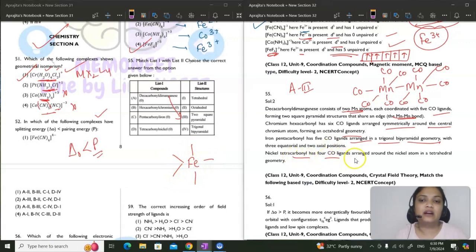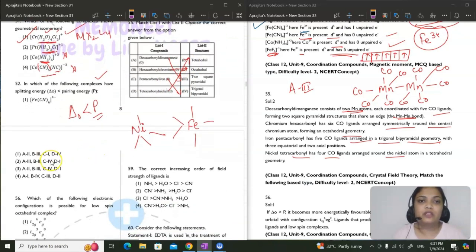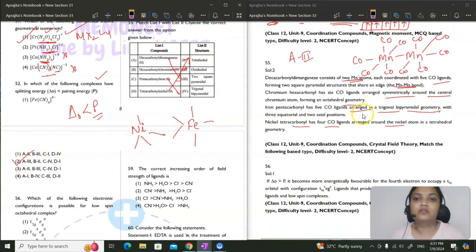And nickel tetracarbonyl will be in tetrahedral geometry. Okay, tetrahedral geometry will be there. All right, so for chromium it's octahedral, for iron trigonal bipyramidal, for nickel tetrahedral. Okay, D1, A3, B2, C4, D1, the answer is option number 2.